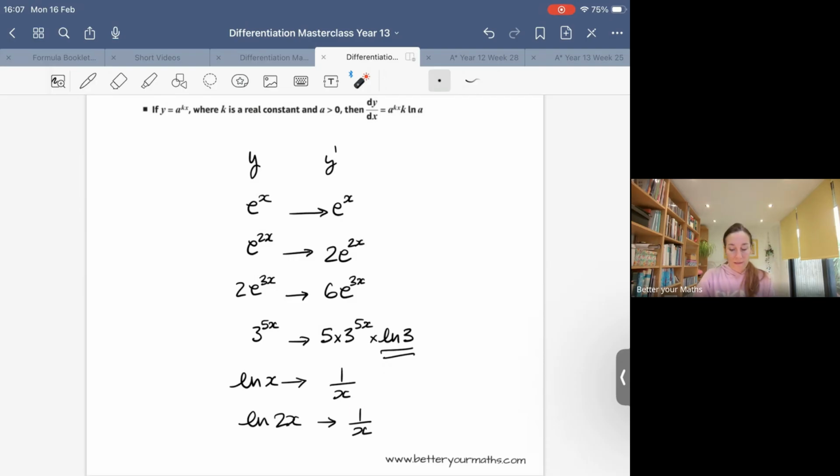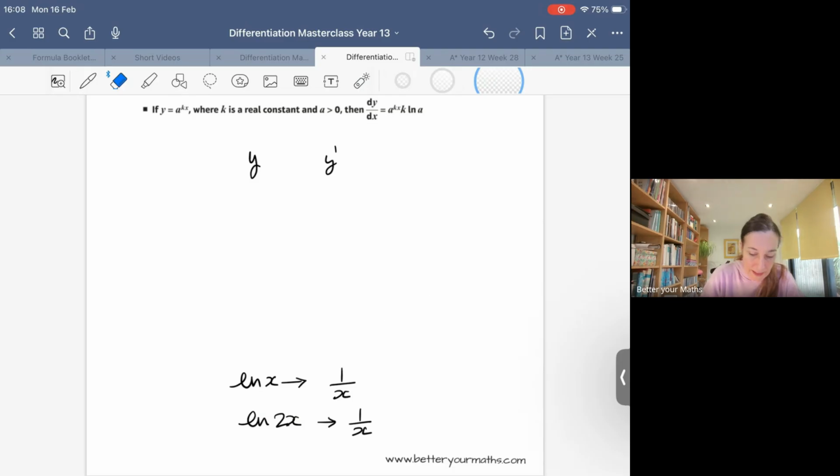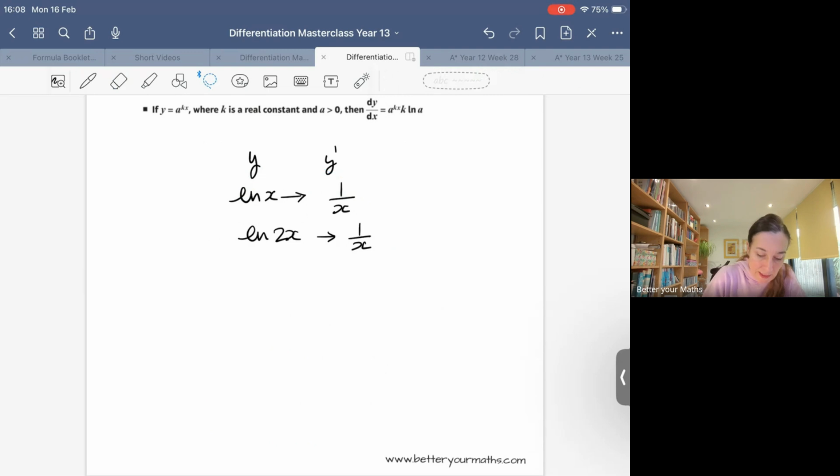So I don't have a 2 here because ln 2x is ln 2 plus ln x, using the properties of the logs, which means the derivative of ln 2, because it's just a number, is 0. And the derivative of ln x is 1 over x.